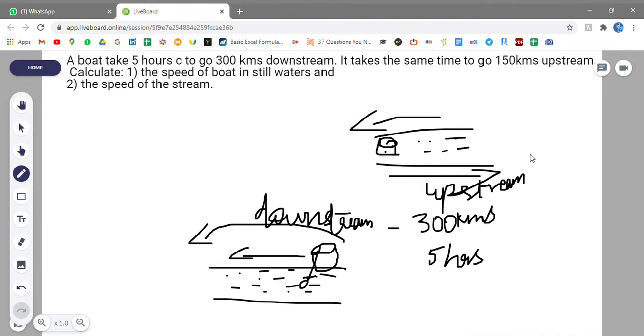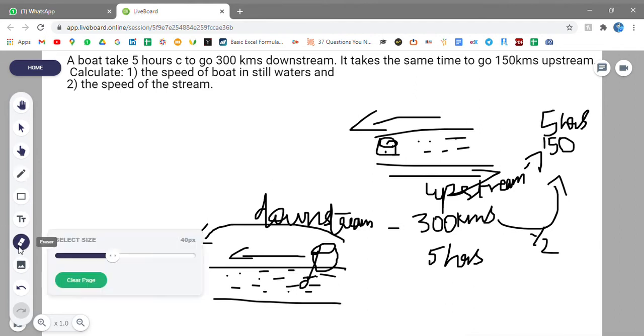So that is why they are able to cover only 150 kilometers, half of the downstream distance, but the time taken is the same, 5 hours. So upstream is against the water and downstream is along with the water.